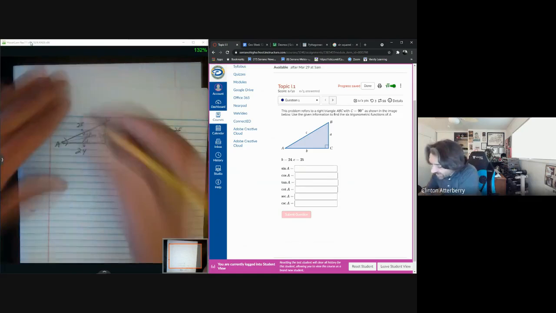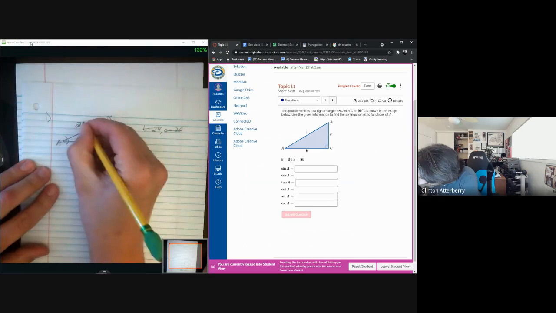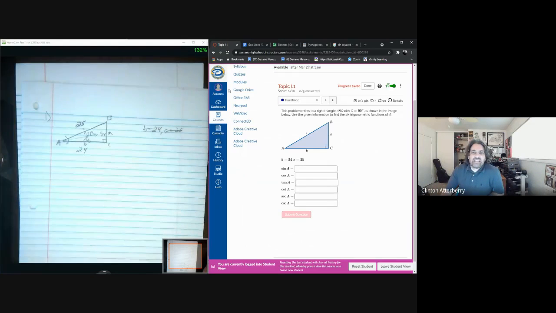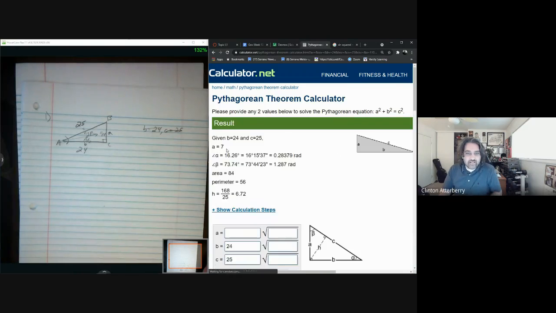I could use a Pythagorean theorem calculator. I believe this is a Pythagorean triple. I think it's 12? Let's see here. C is 25 and B is 24. What does A equal? Calculate it, and it says here A equals 7. Why did I think it was 12?